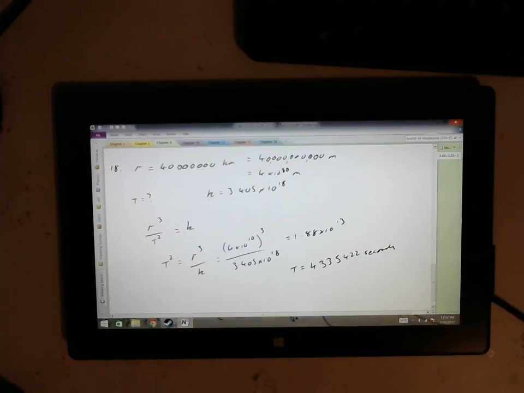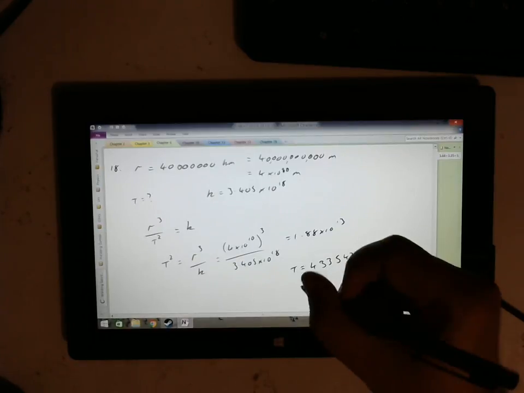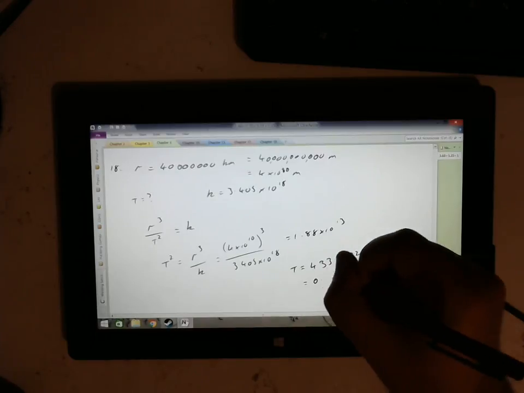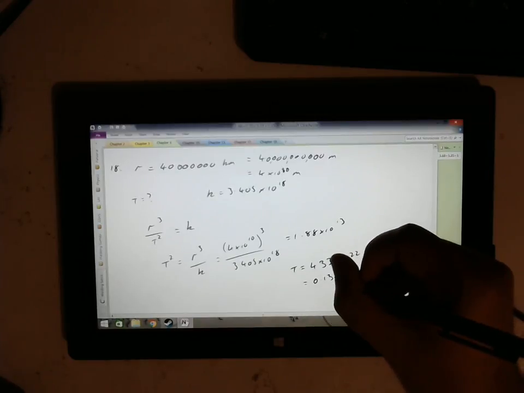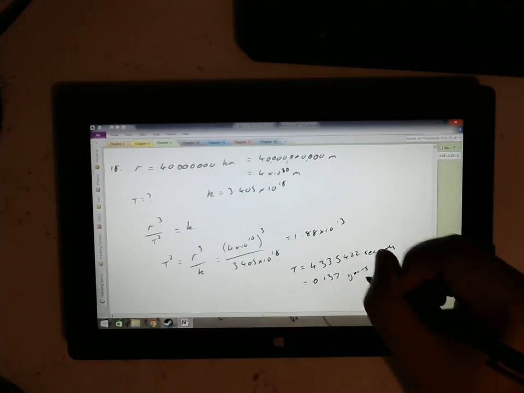Let's turn that into years. Let's figure out what that actually is in a reasonable unit. So divide that by 60, divide that by 60, multiply by 24, divide that by 24, divide that by 365. That gives us 0.137 years.